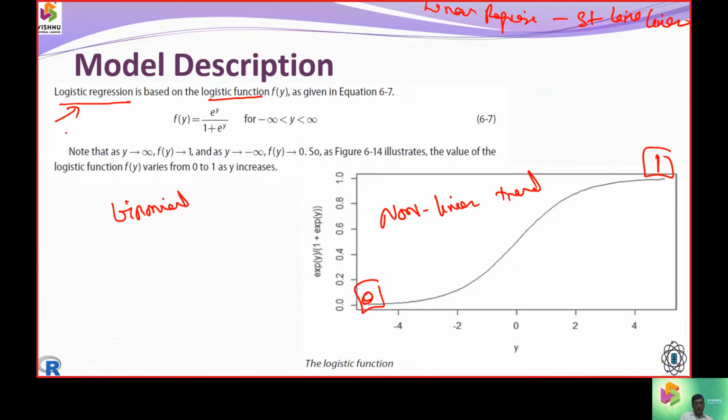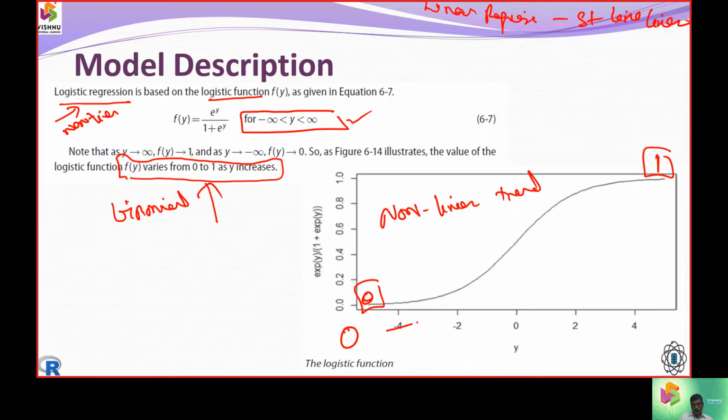But when coming to the logistic, we call it a non-linear trend. And obviously it spreads over a range from minus infinity to plus infinity. But in general, the value of the probabilistic estimate will vary from 0 to 1, based on the logistic function that we are going to use.